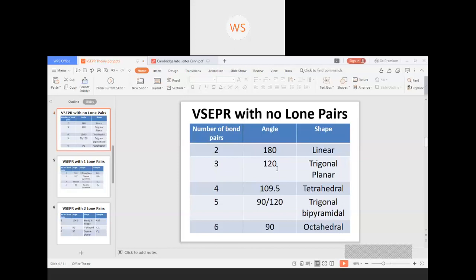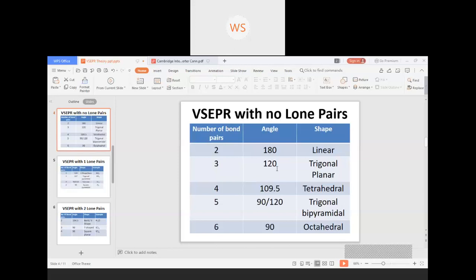It looks as if it has 3, but there are 4 bond pairs. How come? Because there is a double bond.